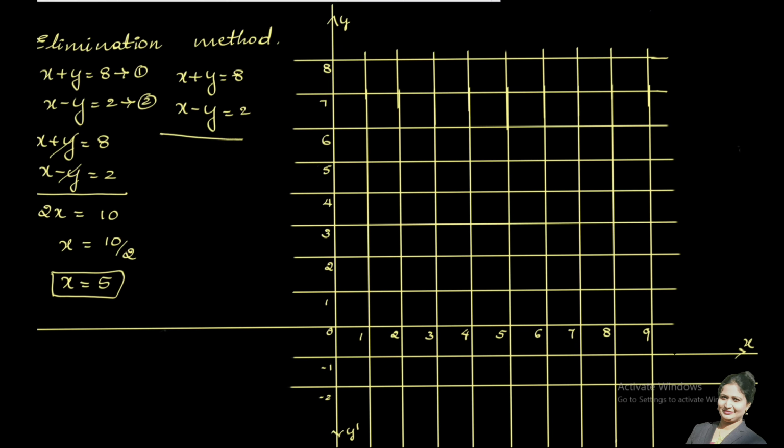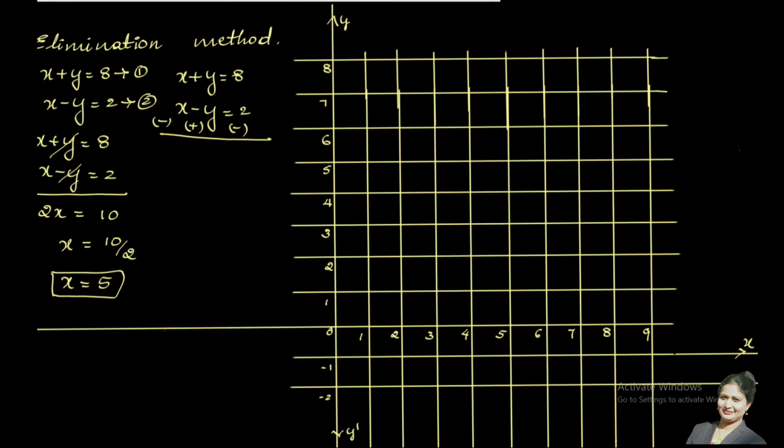You know that if plus plus is there, then it is not cancelled. Due to that reason, in the second equation x minus y is equal to 2, you have to change the sign. That means with the help of subtraction only, we can obtain the value of y. So concentrate on the signs: we have to change to the opposite sign.